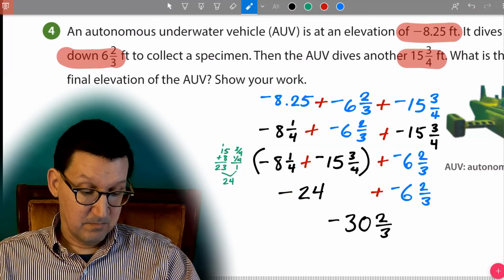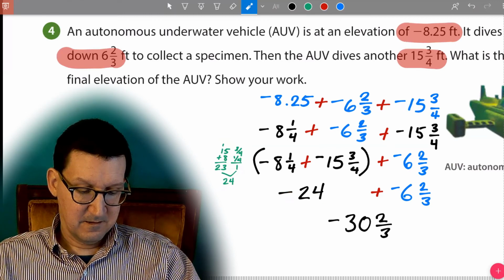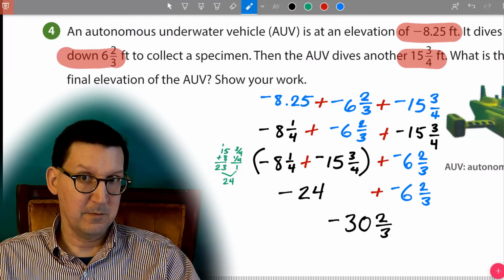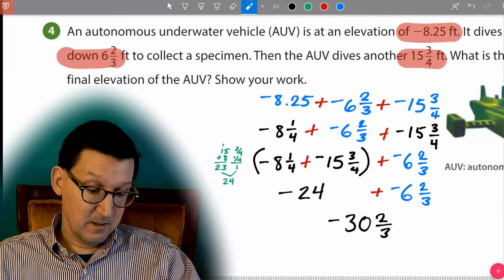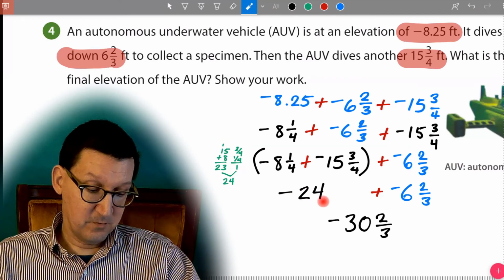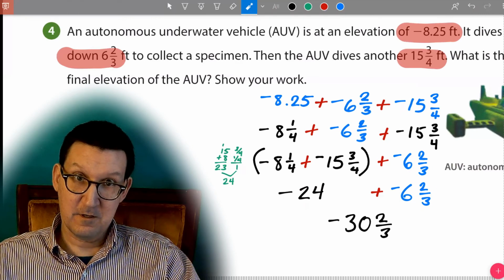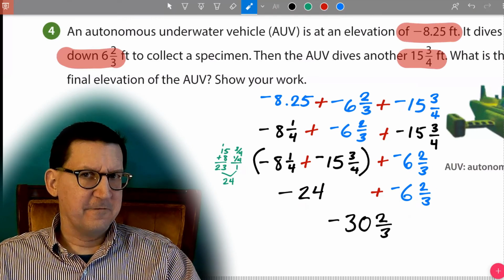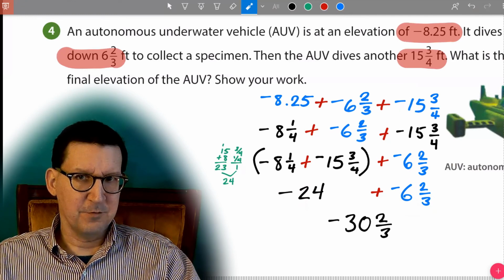So, lucky us. We don't have to deal with finding the other common denominator, because now we have a whole number. So we have -24 and a -6 2/3. Now, if we were subtracting, we might want to find a common denominator with improper fractions and stuff.